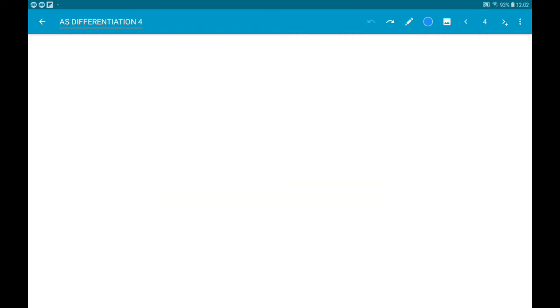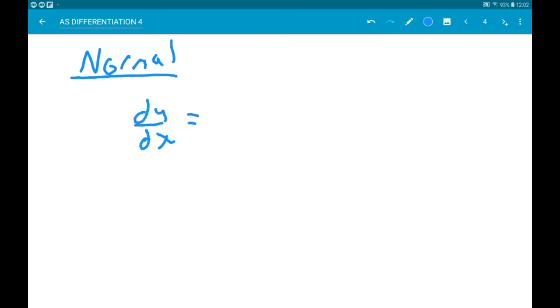Alright, let's do that. So for the normal, first thing we're going to need is dy by dx, so that we can then find the gradient of the curve at P, and then we can get the gradient of the normal. So dy by dx is going to be 8x minus 6.